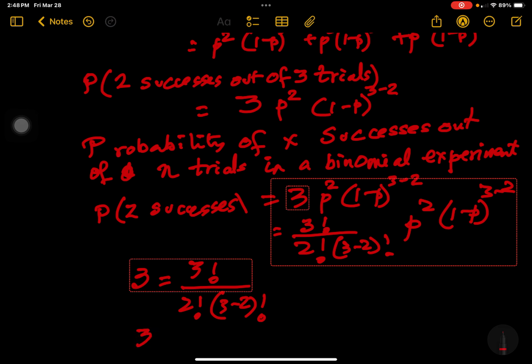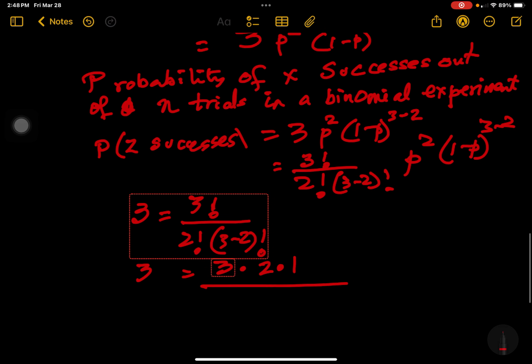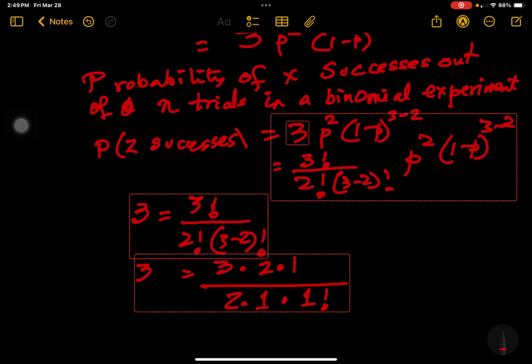That is equal to 3 times 2 times 1 divided by 2 times 1 times 1 factorial, which is 1. And that is equal to 3, because 2 times 1 is common in the numerator and denominator.